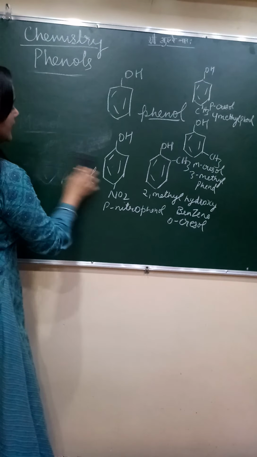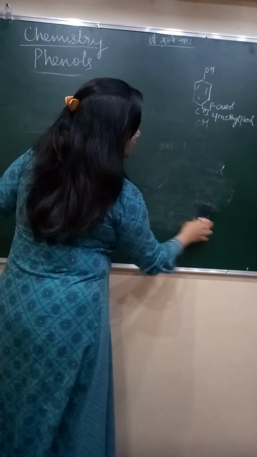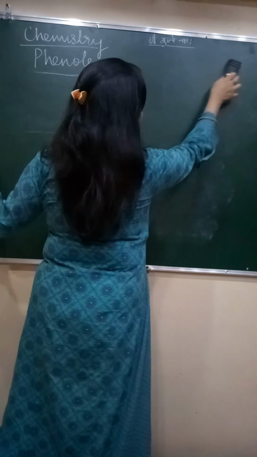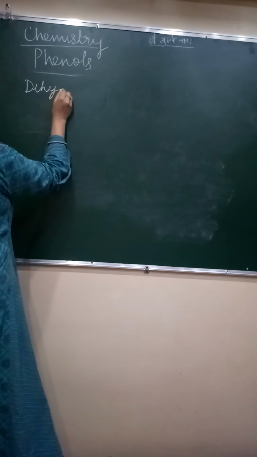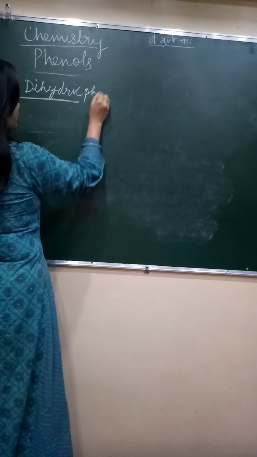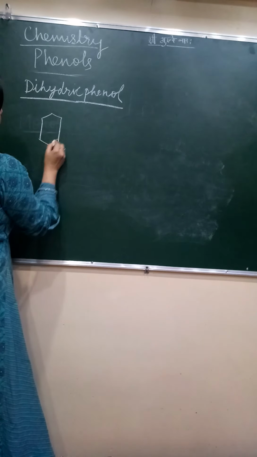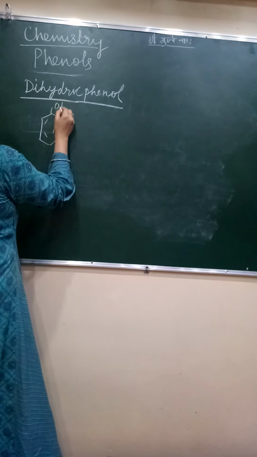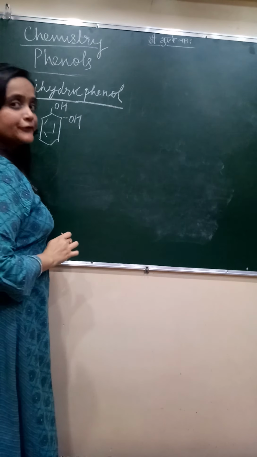Now come the dihydric phenols. Phenols are classified under 3 categories: monohydric, dihydric and trihydric. Dihydric means 2. So when 2 hydroxy groups are attached to the benzene nucleus like this, it is called dihydric phenol.